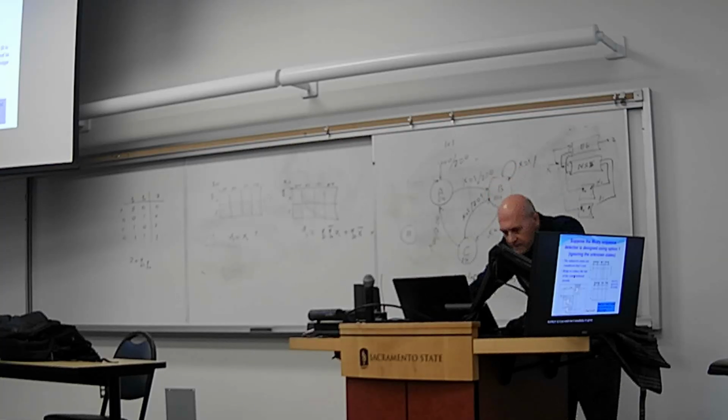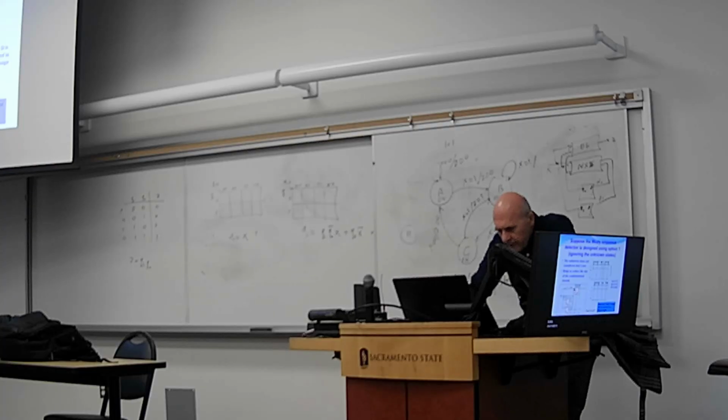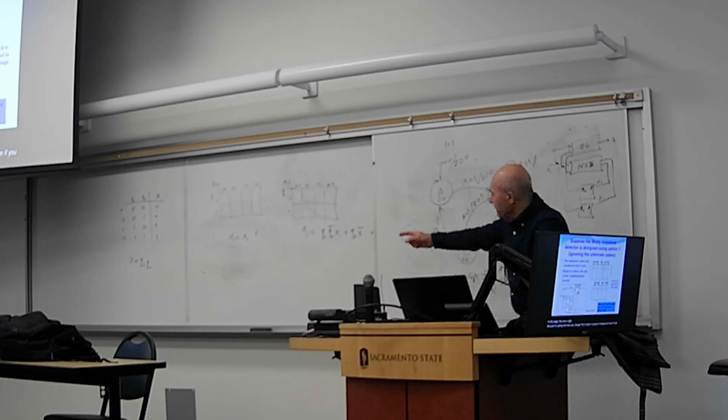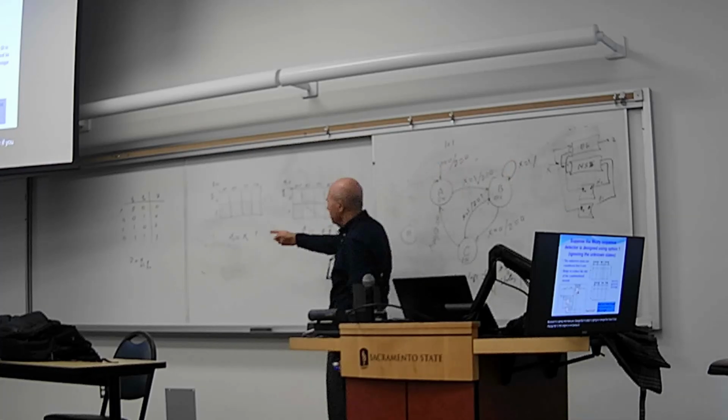So you can always design Mealy and make it Moore by putting the output into a flip-flop. So the output of this one is not synchronized to the states, right? Because X is going into here. If you change the X, the output is going to change. But in Moore, if you change the X, the output is not going to change unless you clock.